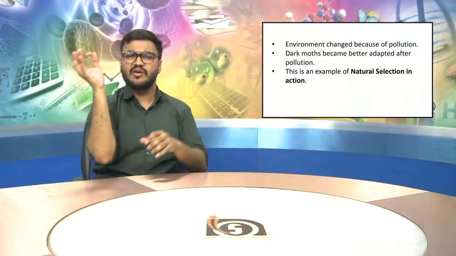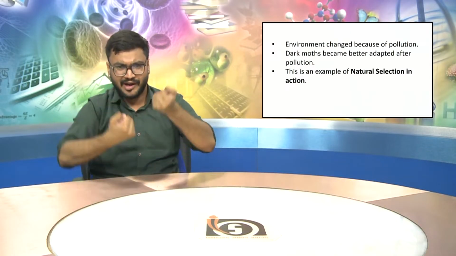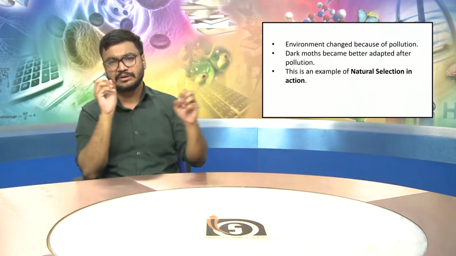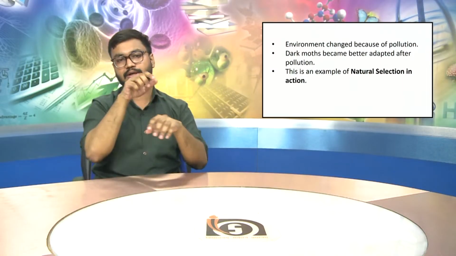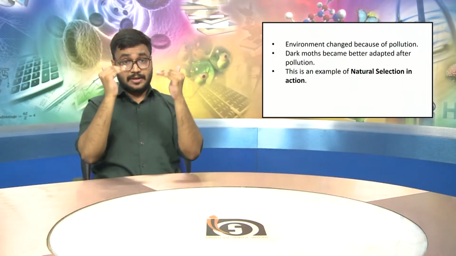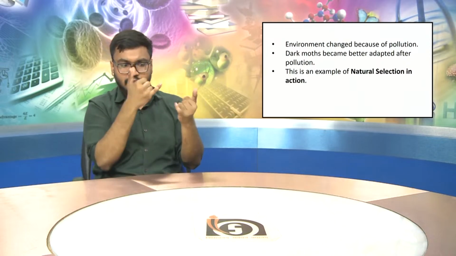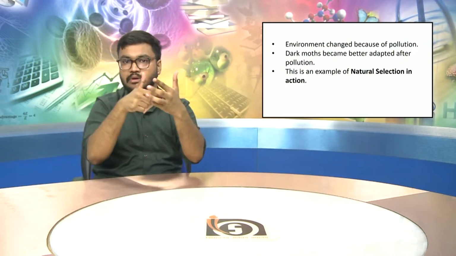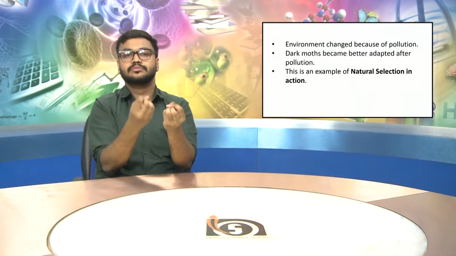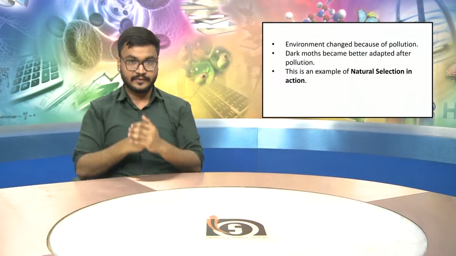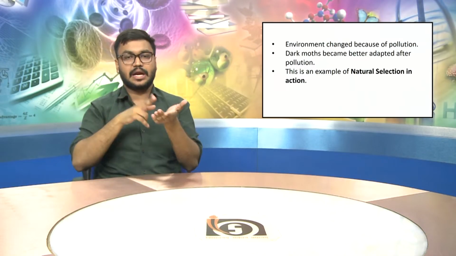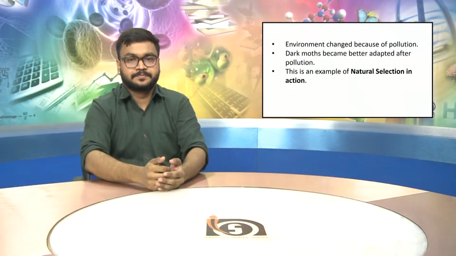Environment changed because of pollution. Dark moths became better adapted after pollution, and light moths became weak and extinct after pollution. This is an example of natural selection in action.